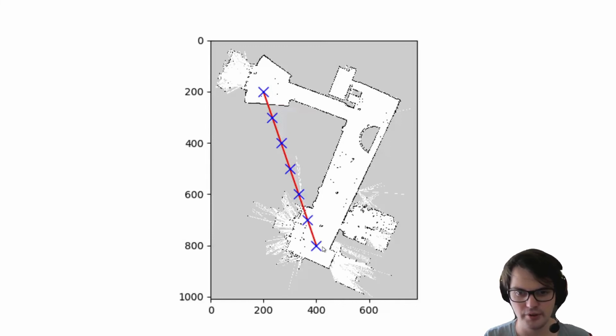And as humans, we can quickly see that a good solution would be to drive down this corridor and then straight down this corridor to get to our solution. As an initial solution, I decided to pick a straight line and add our 5 vertices on this line, and our path is then the polyline here.